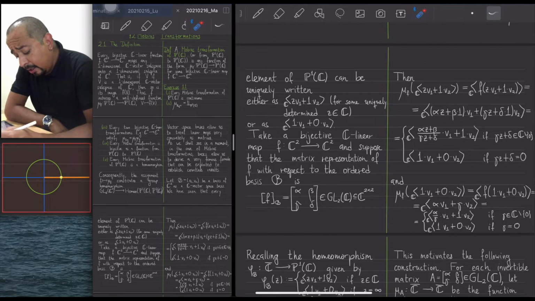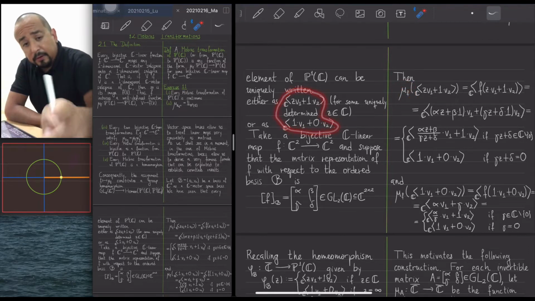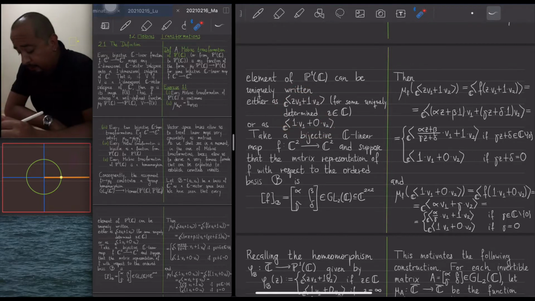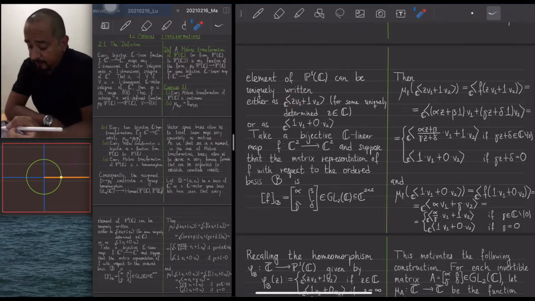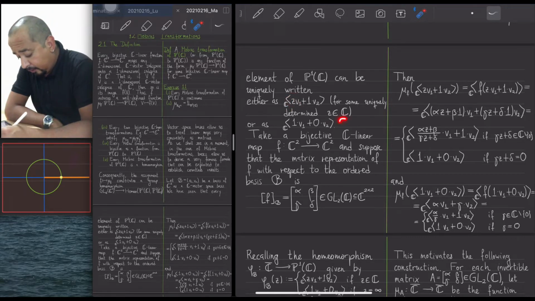Then let us try to compute the value of the Möbius transformation at these two types of subspaces of C squared, explicitly in terms of these parameters Z, and of course in terms of identifying this with a point at infinity.